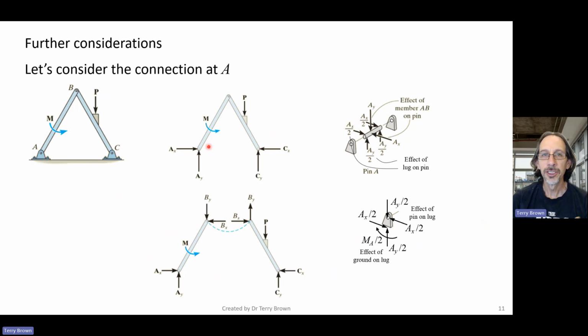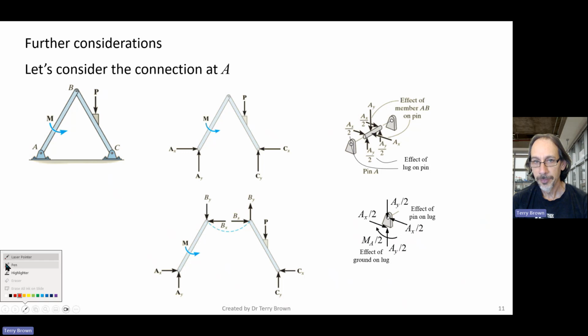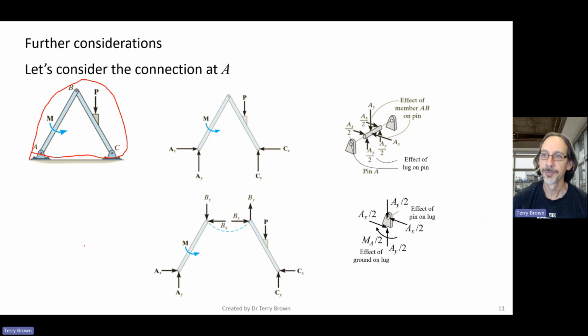But in most of our introductory mechanics problems, we just look at that bit of it. That's why we end up with just reactions like this, and we never actually see the moment that's generated at the bottom of the lug of this pin connection, and also in the base plate, and then through the bolts into the ground.